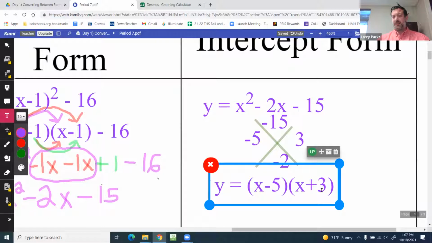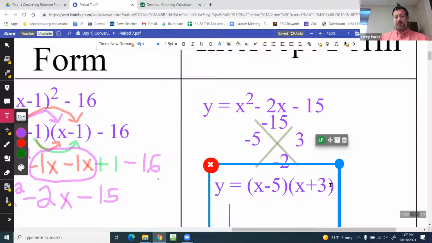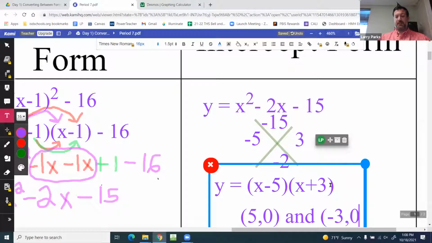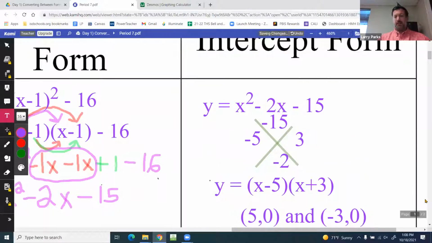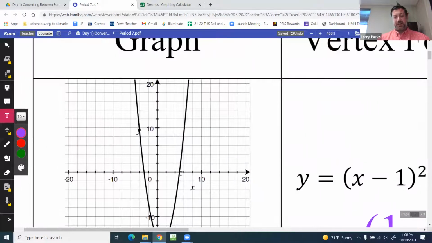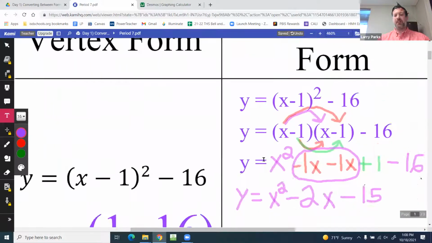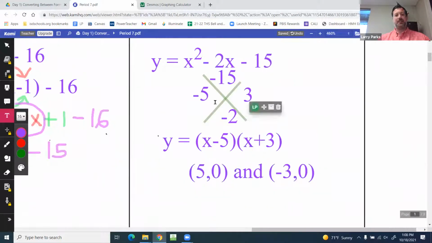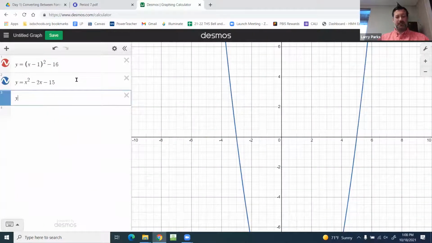So what that means is my x-intercepts should be 5, 0 and negative 3, 0. So let's go check. Let's go look at that graph. Looky there, 5, 0. Look at that, negative 3, 0. Remember, they're counting by twos. And then just to fully check, if I type this in, I should get the same thing.